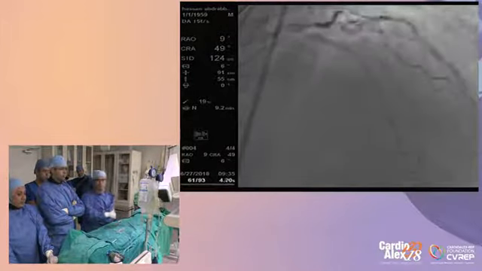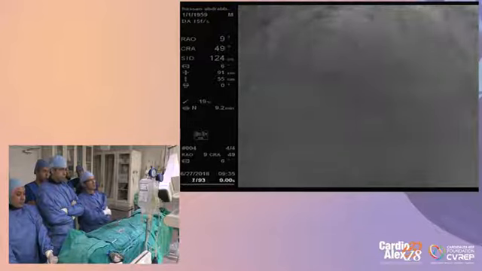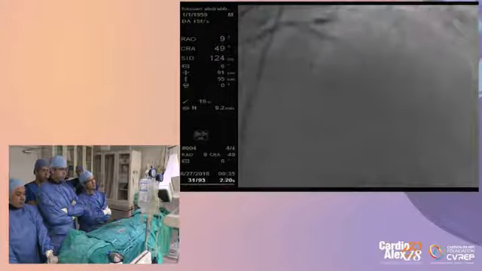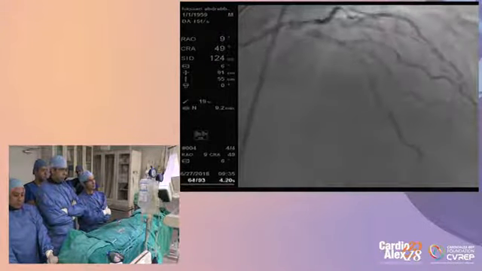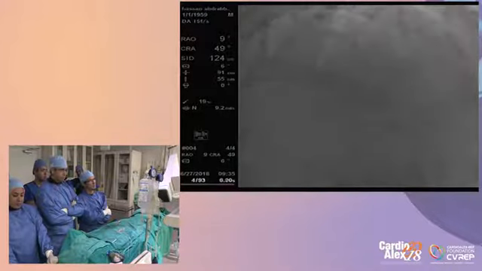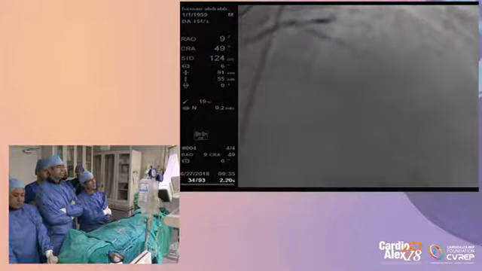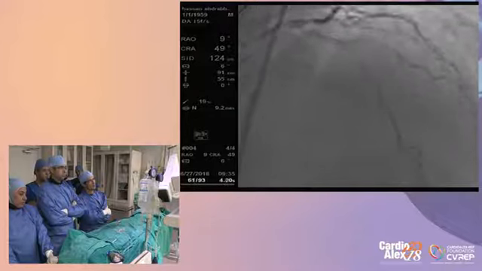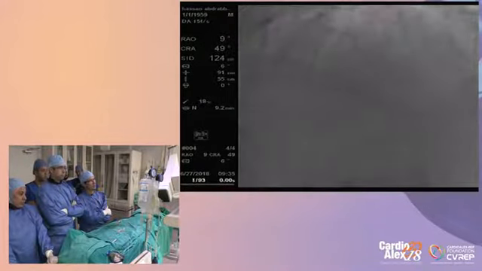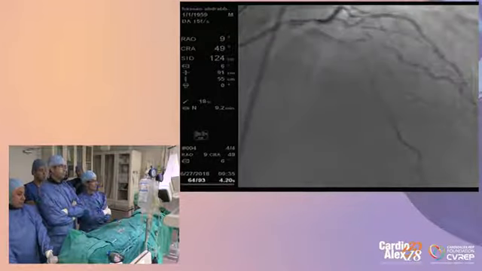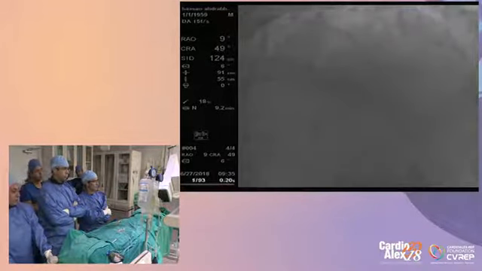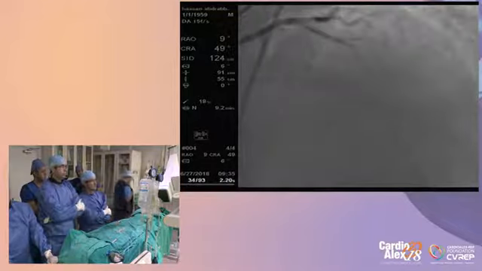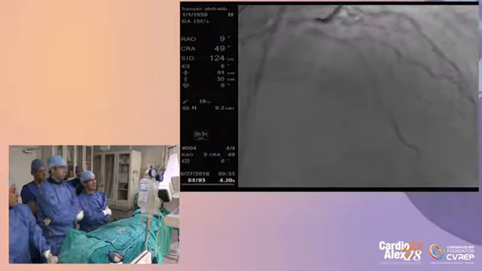I totally agree with Antonio. We could use 6 French, especially with the 1.5 burr. It works quite well. You can do the controls. In fact, we prefer to use IVUS than OCT because the IVUS is a wonderful image, and OCT with calcification doesn't bring anything else.